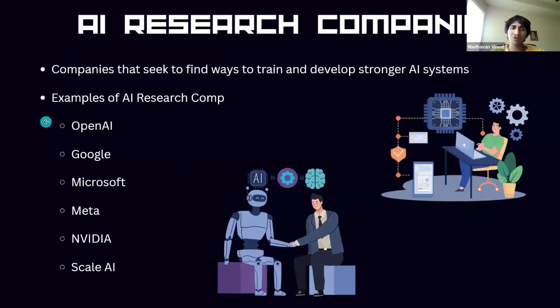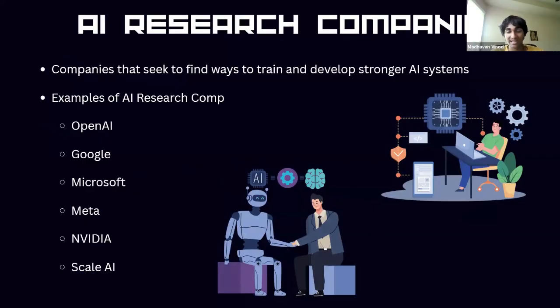Yeah. And then finally, I wanted to just mention a couple of AI research companies. These are basically companies that seek to find ways to strengthen AI, make it stronger, make it better, achieve artificial general intelligence, just to name one.